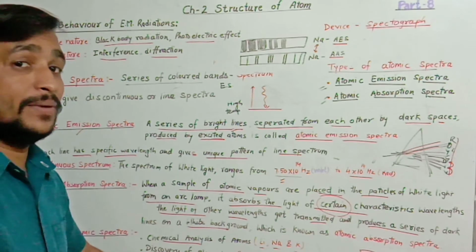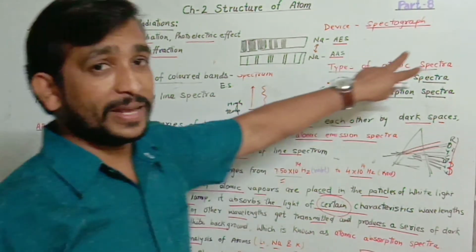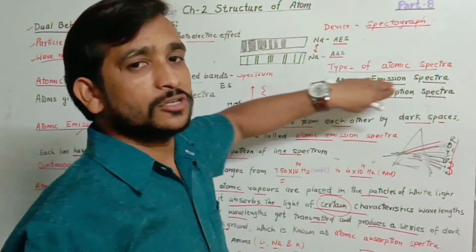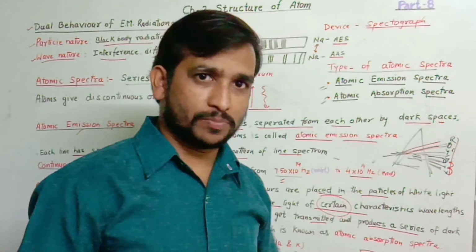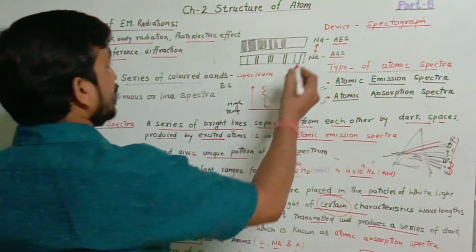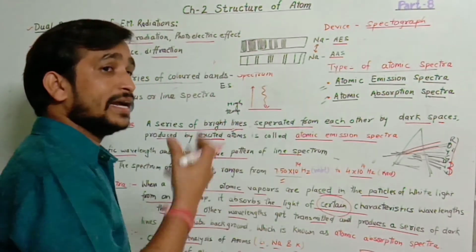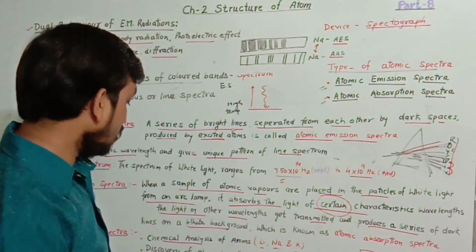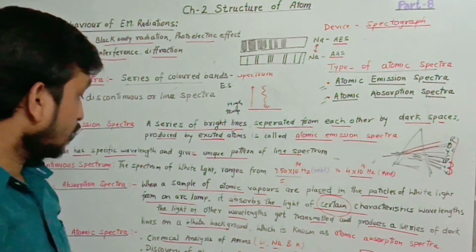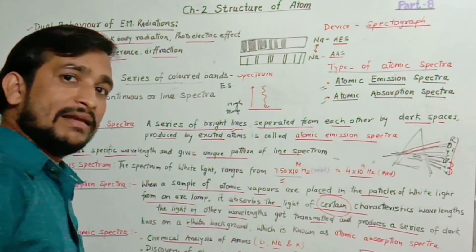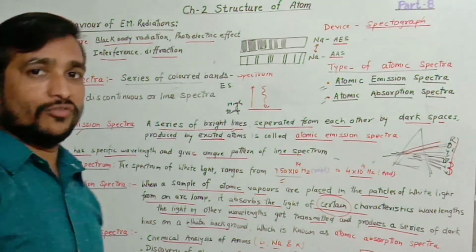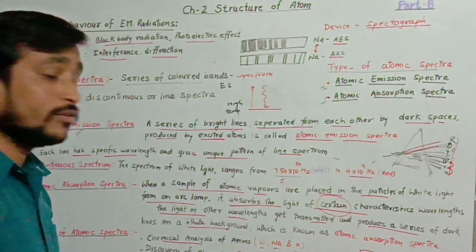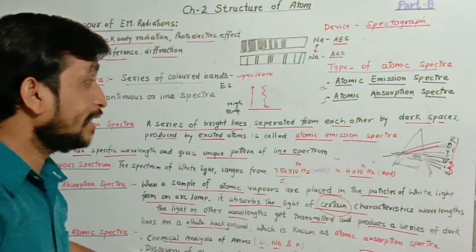The basis of fingerprinting is just atomic spectra, whether atomic emission spectra or atomic absorption spectra, because different atoms form characteristic bands of spectra. That's why it is very useful in this technology. So quantitative analysis, discovery of elements, and people identification, it is very useful.